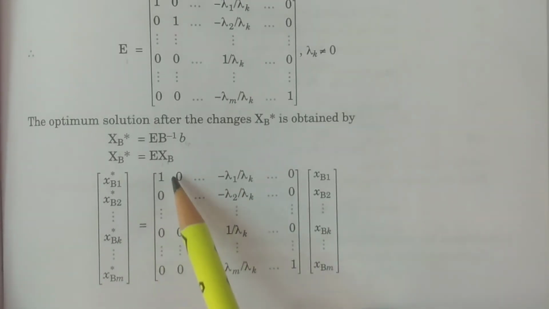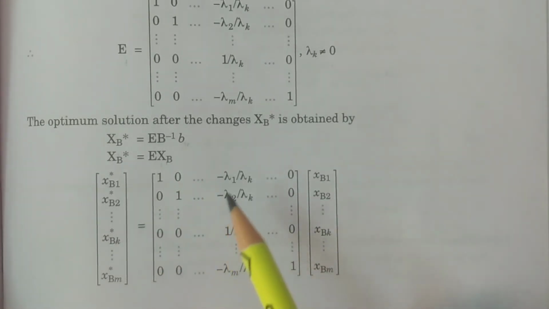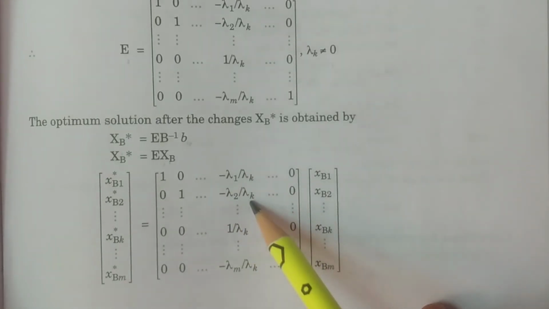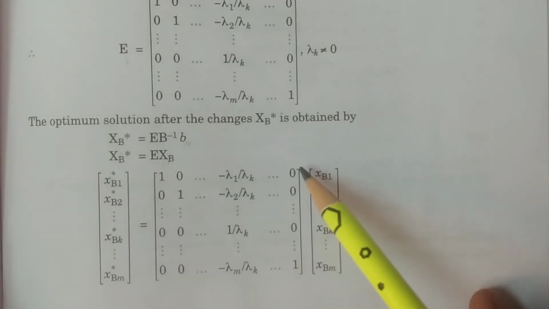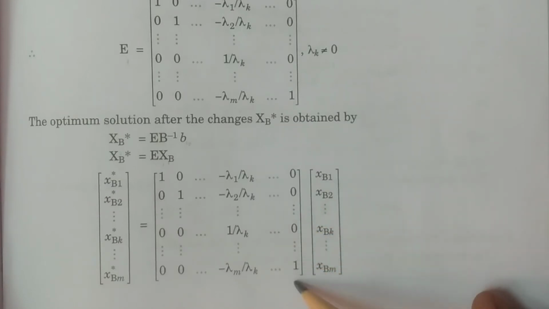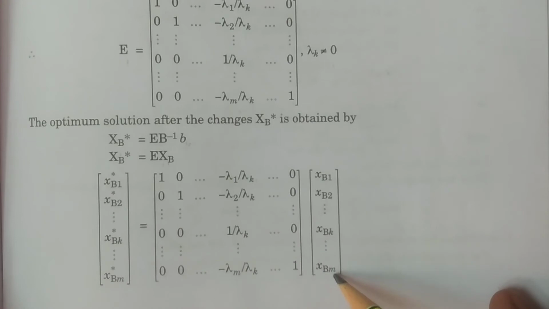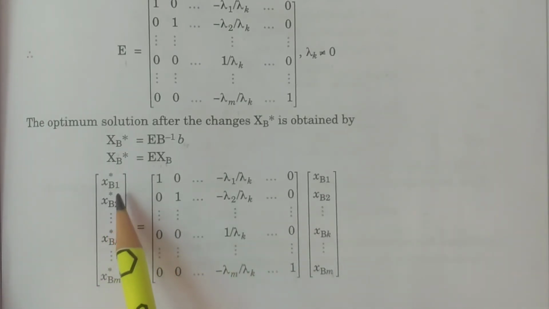Studying in terms of column vectors, E has columns 1 0 0 0, 0 1 0 0 0, and the kth column minus lambda 1 by lambda k, minus lambda 2 by lambda k, and so on, 1 by lambda k, and so on, minus lambda m by lambda k, and last vector 0 and so on 0 0 0 1, multiplied by xb1, xb2, xbk and so on xbm. If you multiply these, you get xbi for i not equal to k; if i is equal to k, there is a separate value.